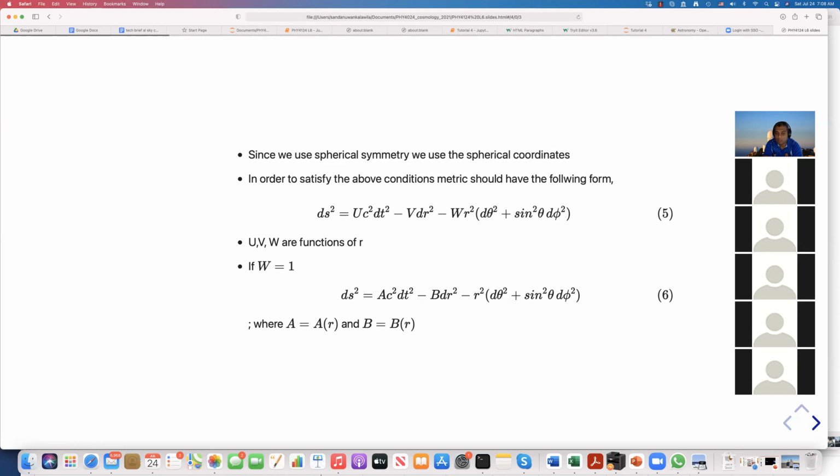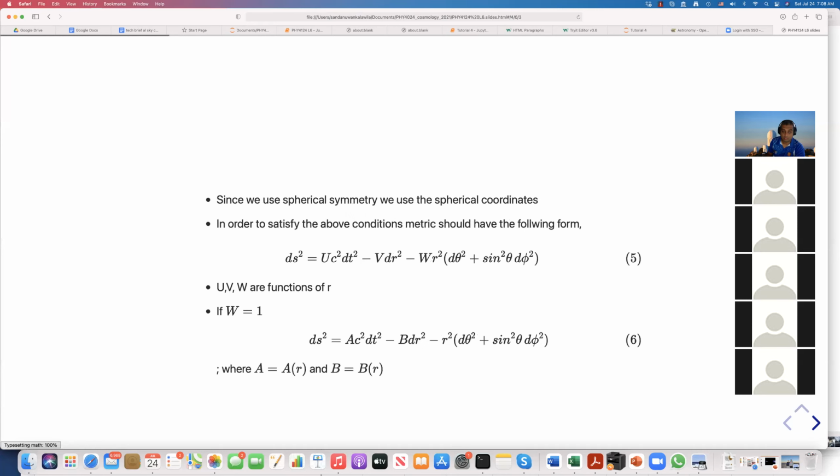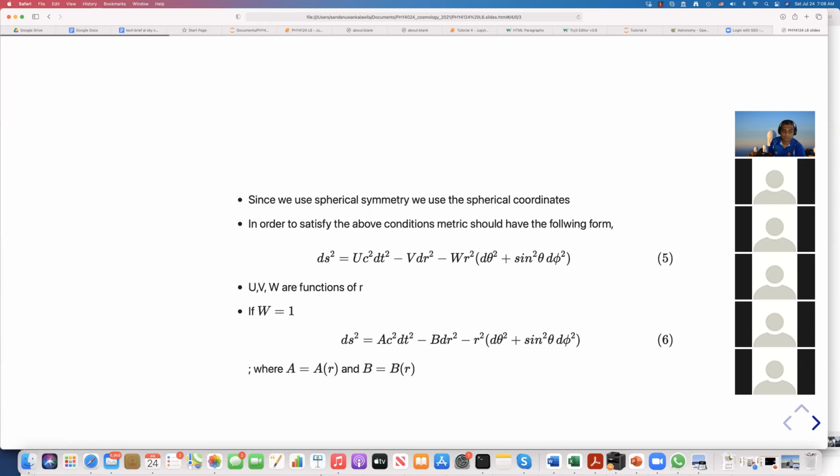Because setting W equal to 1, which we had taken as a function of r, should change the other functions, right? So that is the idea. Which means now you have two new functions, A and B, and those are functions of r, but this r is not the same r as before, right?